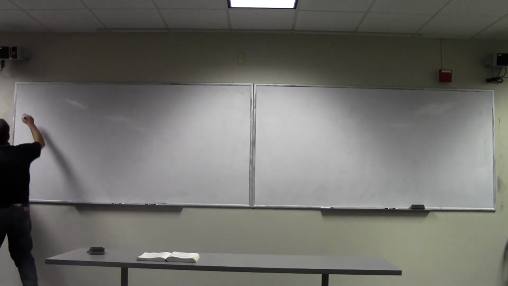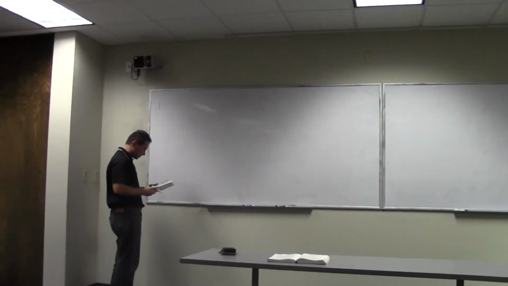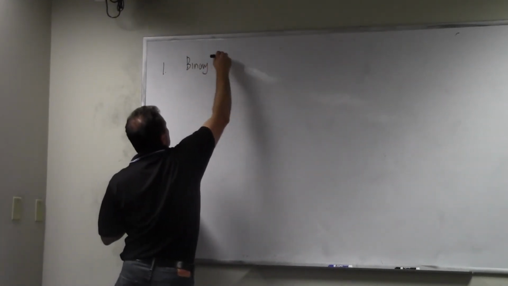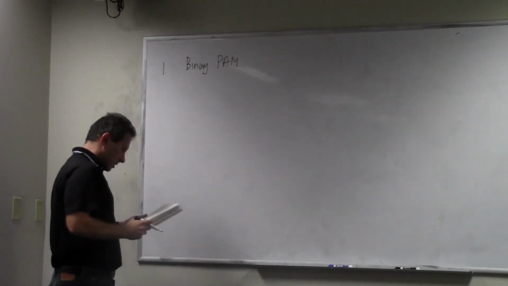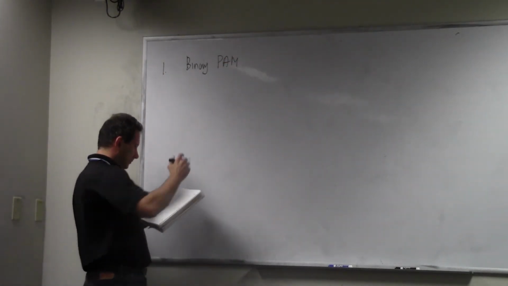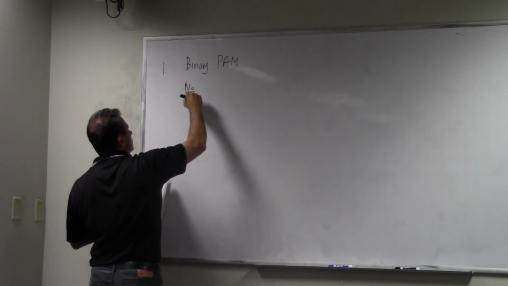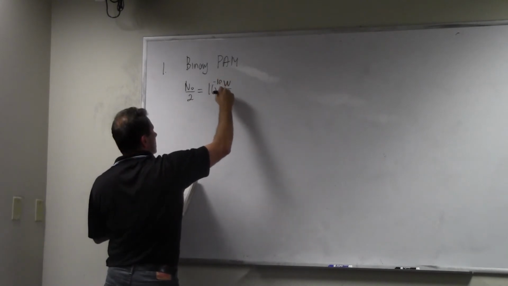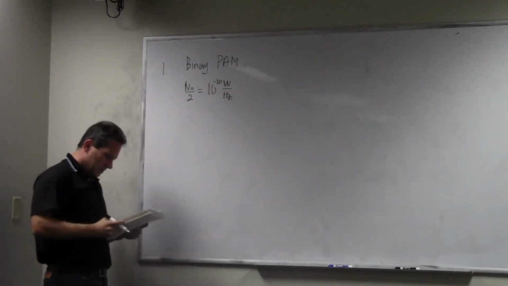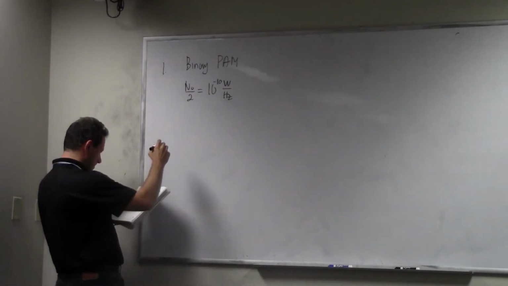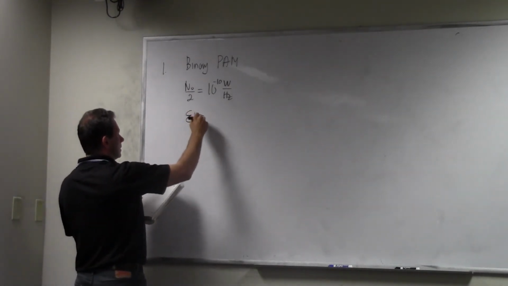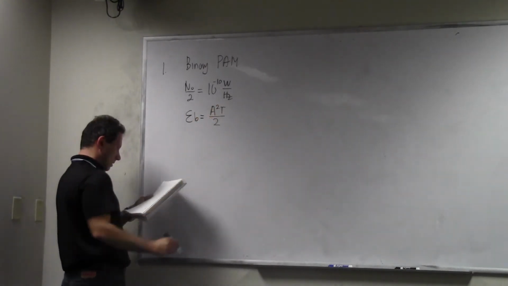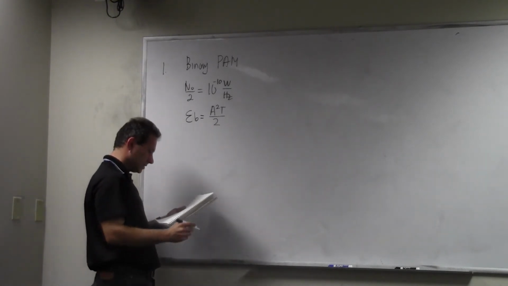It says, consider a transmission of the binary pulse amplitude modulated signal over AWGN that has N0 over 2 equal to 10 to the minus 10 watts per hertz. The transmitted signal energy is Eb equal to A squared T over 2, where T is the bit interval and A is the signal amplitude.